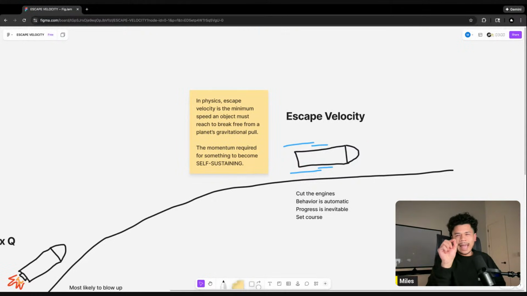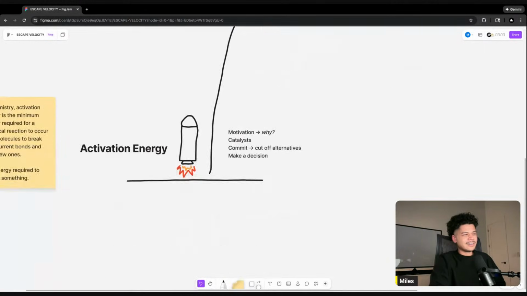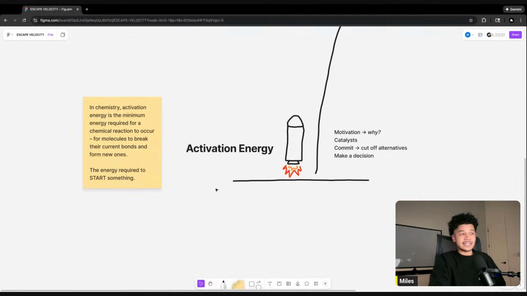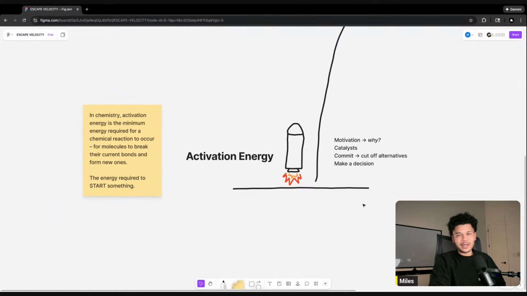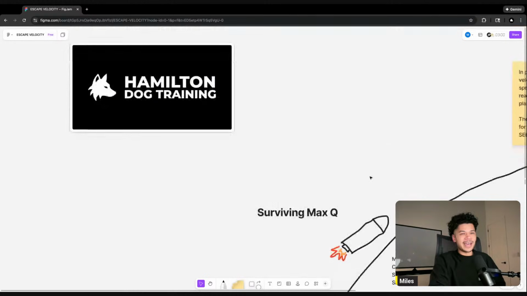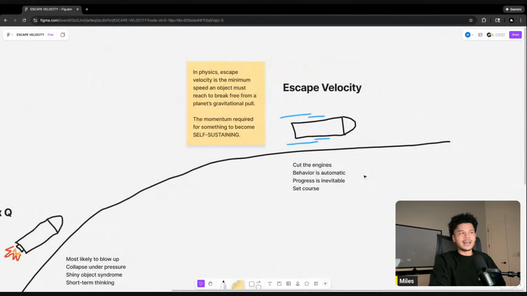So think about any strong habit that you have, right? Something as simple as brushing your teeth, for instance. When you were a kid, likely, this might have required a significant degree of activation energy for you to summon the willpower, or maybe it was fostered by your parents, right? To put some energy into that system. But over time, the behavior of brushing your teeth becomes automatic.